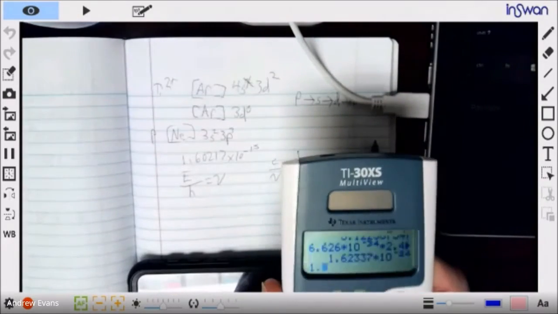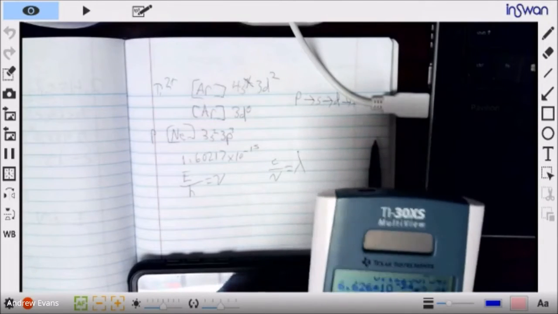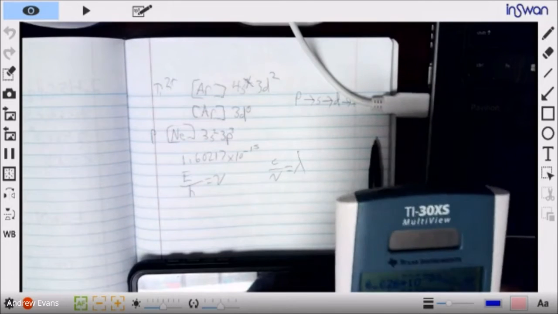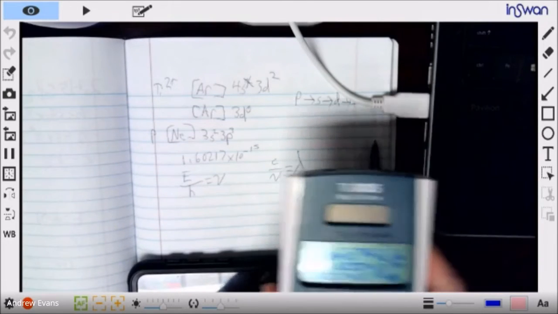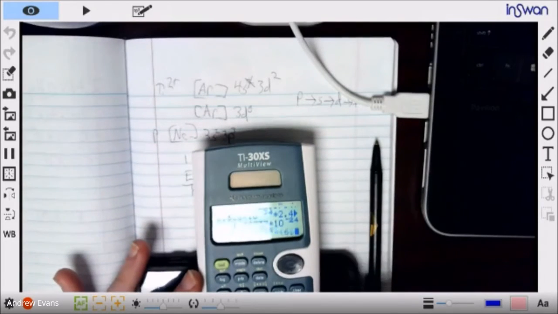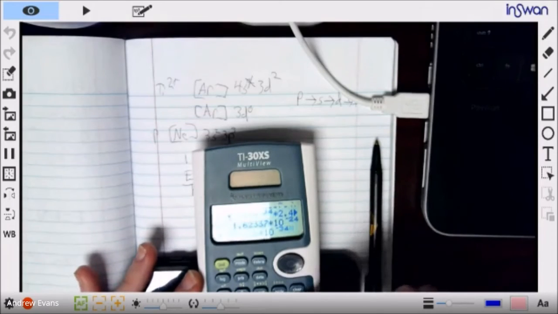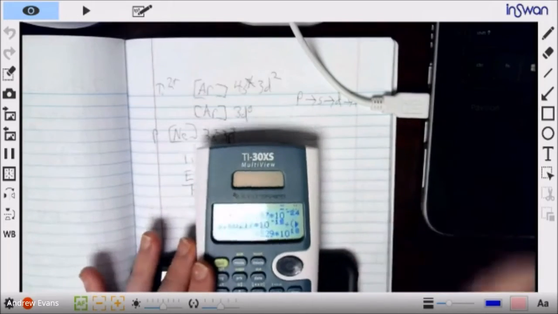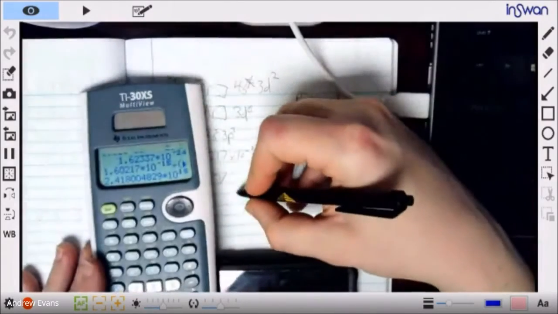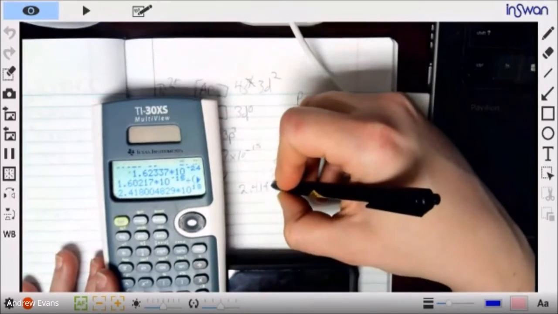We'll start with 1.60217 times 10 to the negative 15 divided by h, which is 6.626 times 10 to the negative 34. Please note, I'm putting these in parentheses so I don't screw this up. I get the frequency. I'm writing that down, 2.418 times 10 to the 18th.